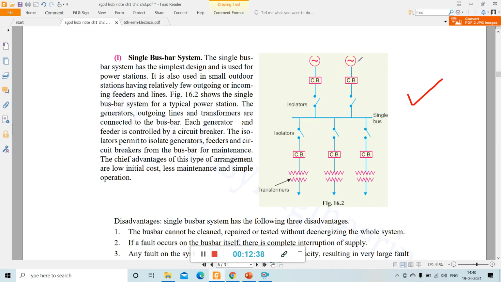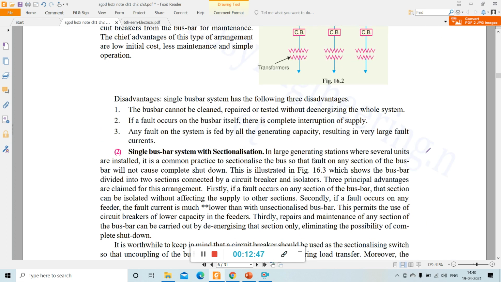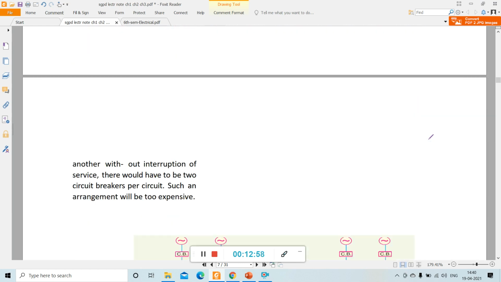We will discuss it in the online class, including its advantages and disadvantages. Then the single bus bar system with sectionalization.